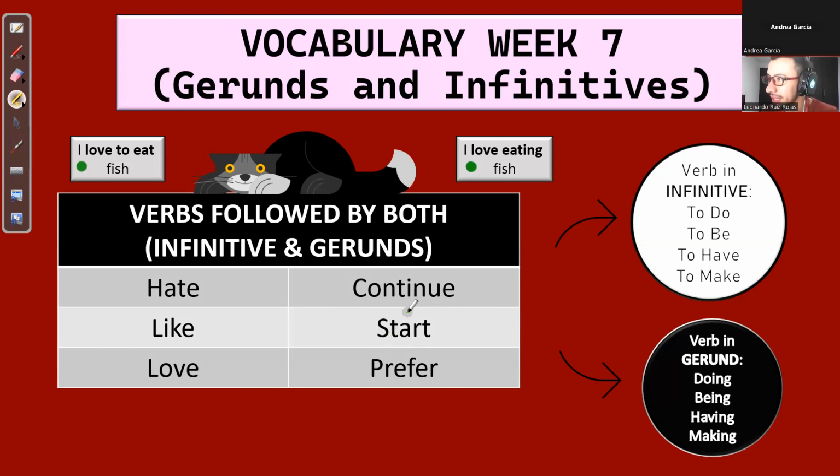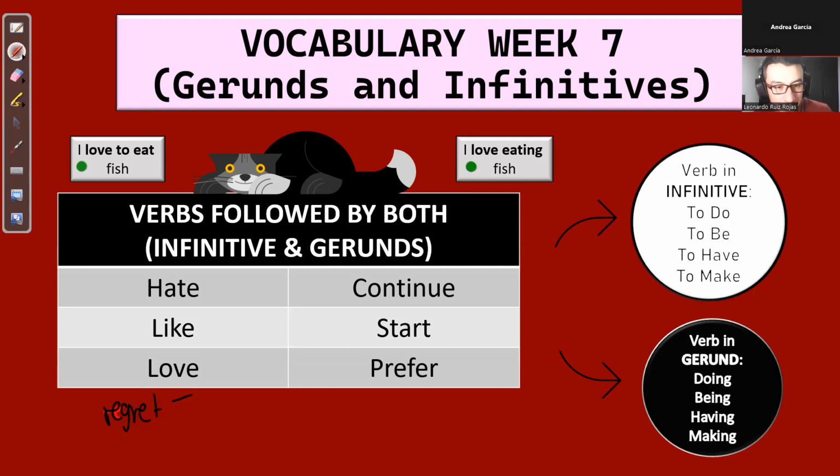These verbs can receive gerund or infinitive and the meaning doesn't change. But in a minute, we're going to see other verbs that can receive gerunds and infinitive, but they change the meaning. For example, the verb regret. Do you remember the meaning of regret? It means to feel sorry.